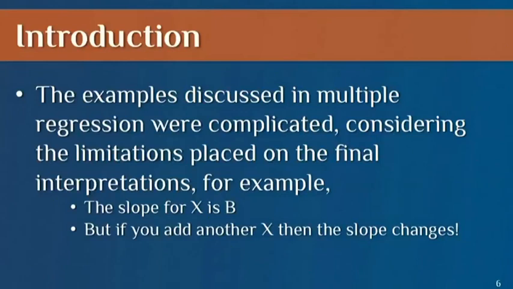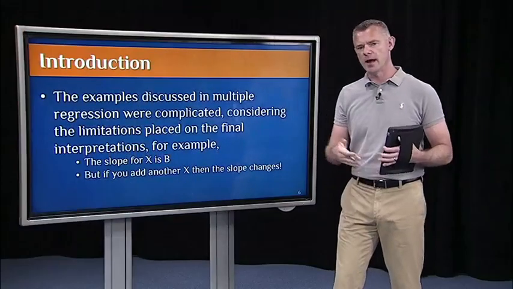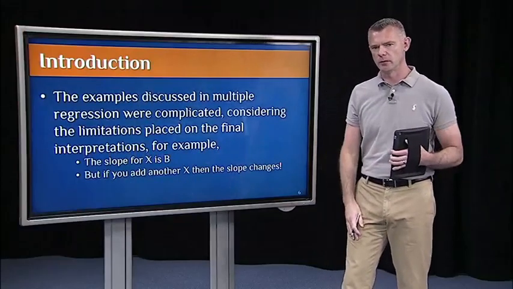So just an example, from simple regression to multiple regression, in simple regression, you say, well, the slope for some predictor is b, that's the value, and then say, oh, but wait, now I've added in another predictor. That's no longer the slope, it's changed because we now have multiple predictors in the regression model.